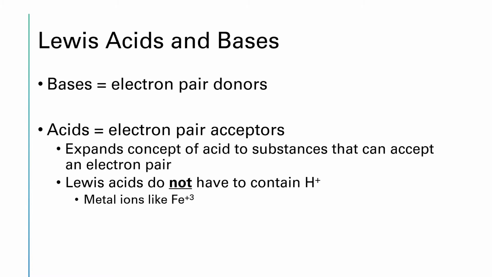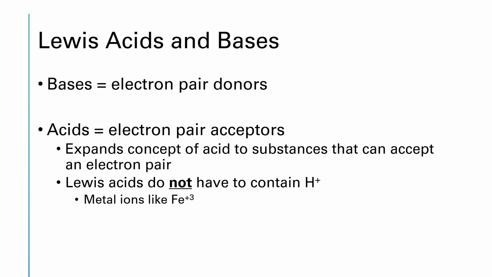So the Lewis acid and base definition is all focused on electrons, just like Lewis dot structures are all about electrons. Bases are going to be electron pair donors, and that lines up pretty well with the Bronsted-Lowry definition because the electron pair donor is a very good proton acceptor. But acids now can be something very different.